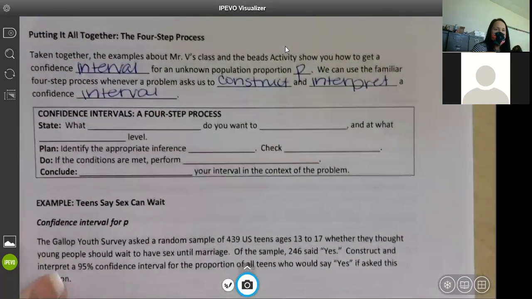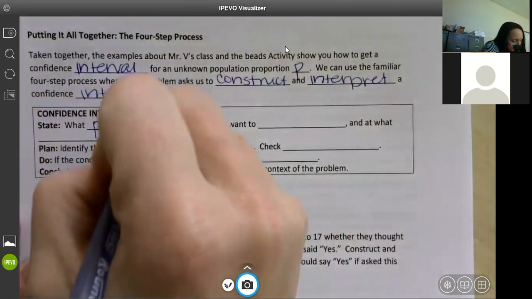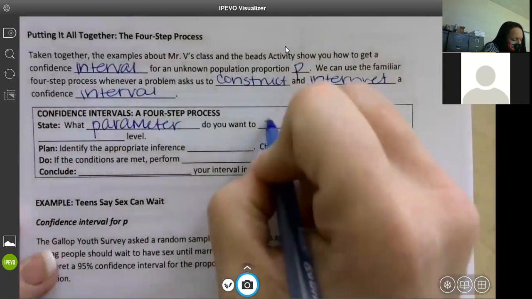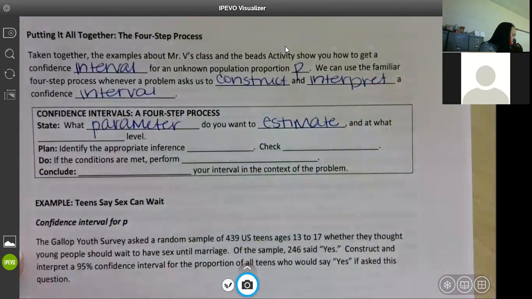So here's your four-step process. You're going to state what parameter that you want to estimate and at what confidence level.